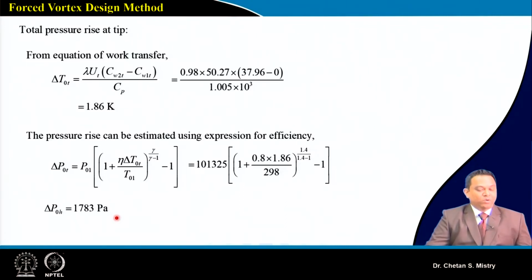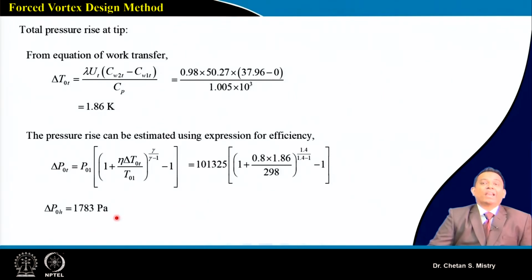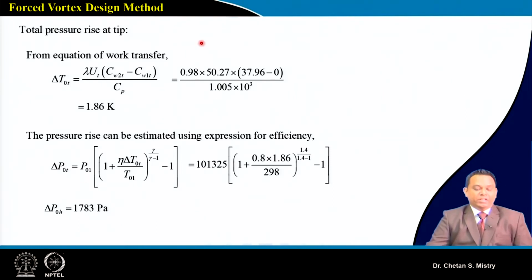Okay. Now similarly we can do our calculation for what is happening near the tip region. It says delta T0 at the tip is coming 1.86 Kelvin, and my delta P0 is coming 1783 Pascal.